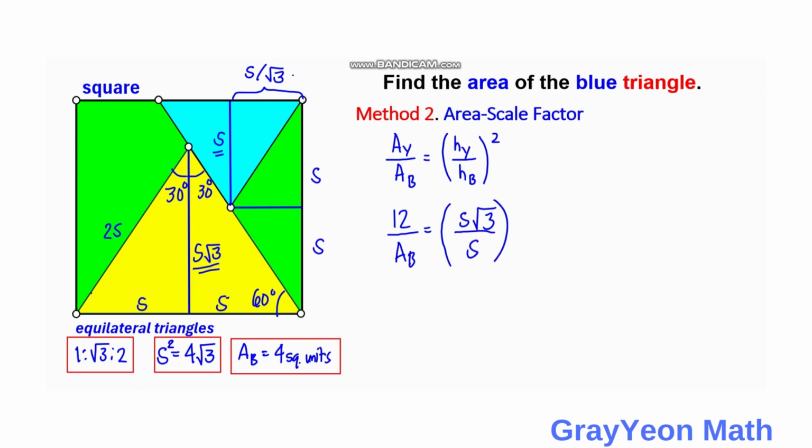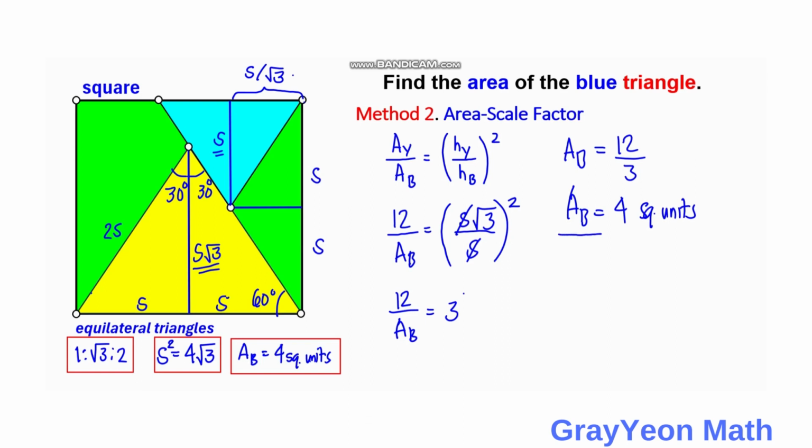This cancels out s and s, and if we square, square root of 3 squared is 3. So 12 over A sub b is equal to 3. If we cross multiply, the area of the blue is equal to 12 over 3, or 4 square units. Same as the answer that we got earlier.